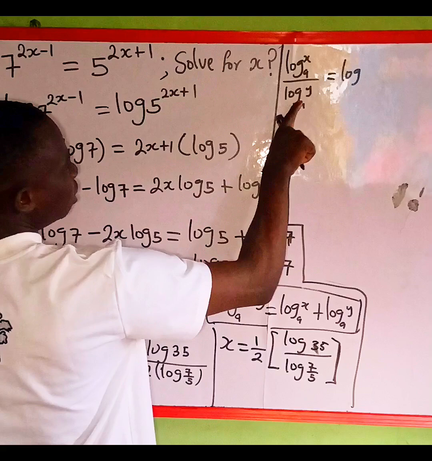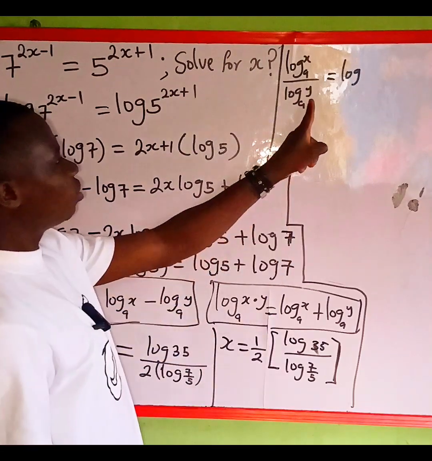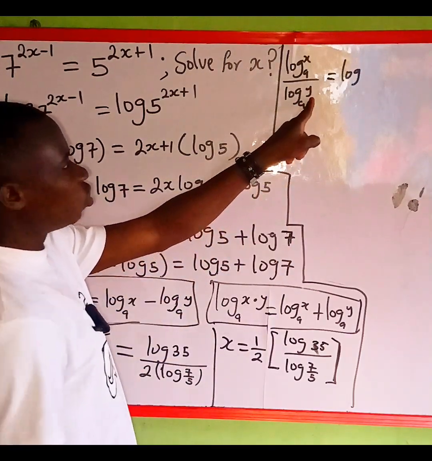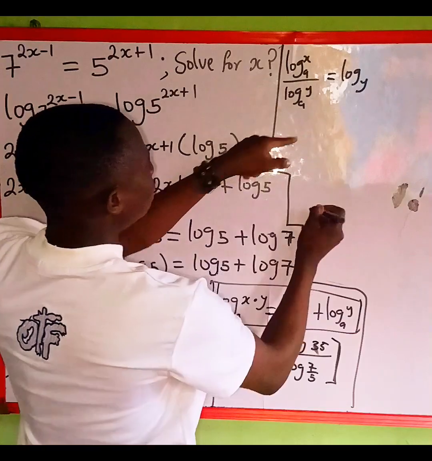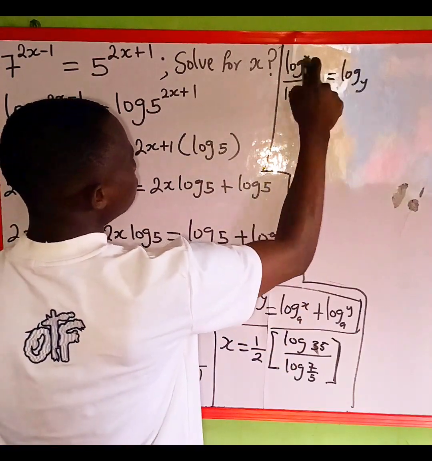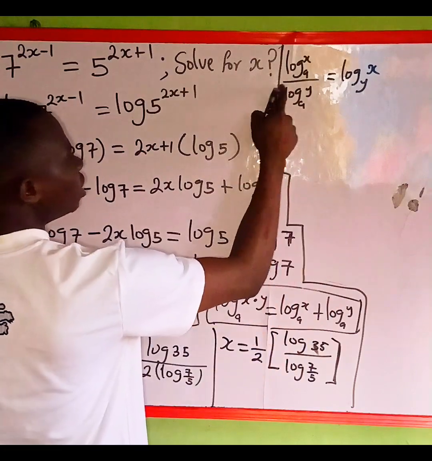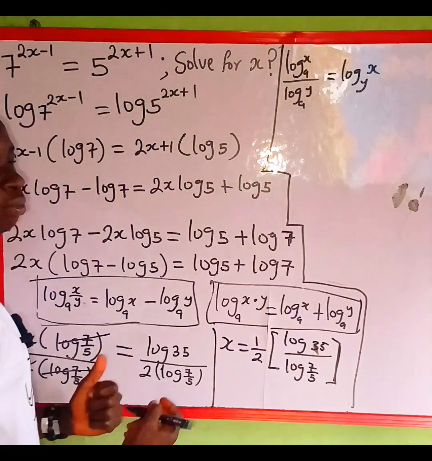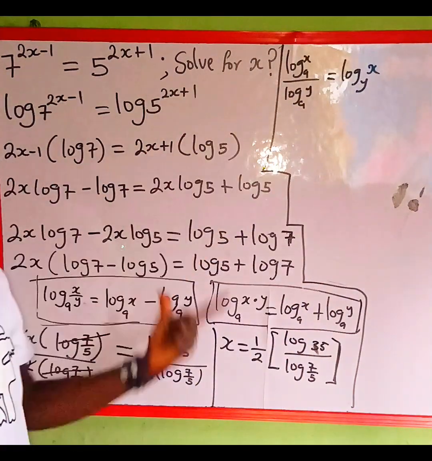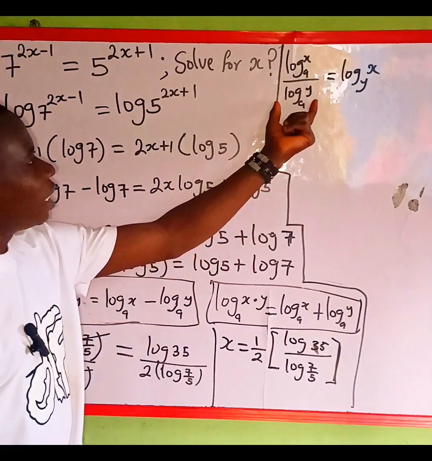Then to change the base, we are going to use the term in the denominator as our new base. Then the new term is going to be what? The term in the numerator, which is this x. So this is equivalent to this. So we just change the base. This is one of the properties of logarithm. So we're going to apply this property.